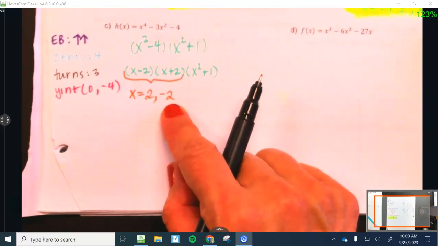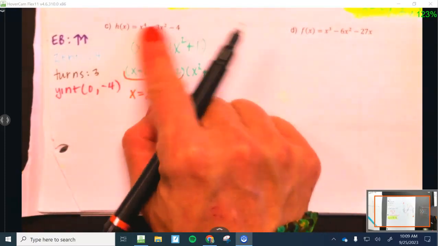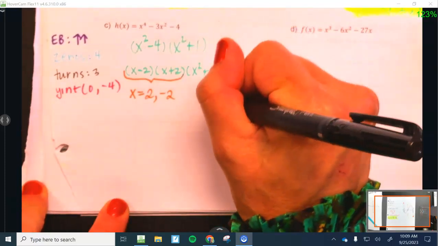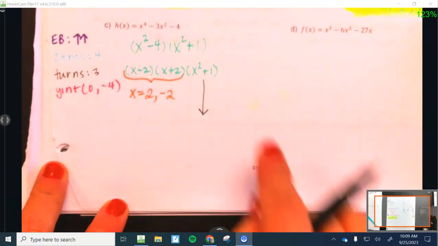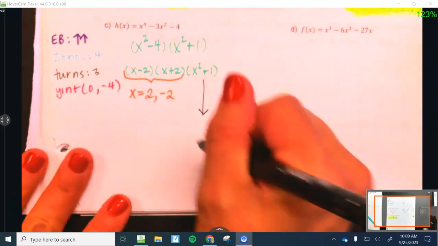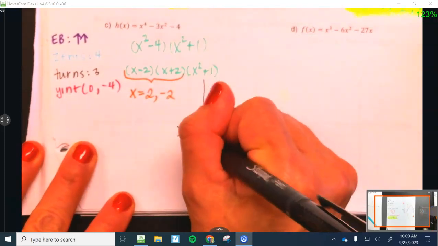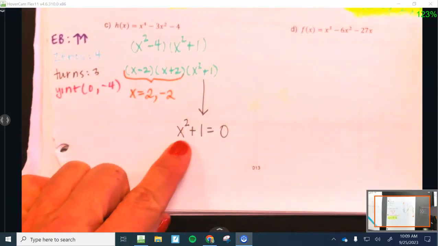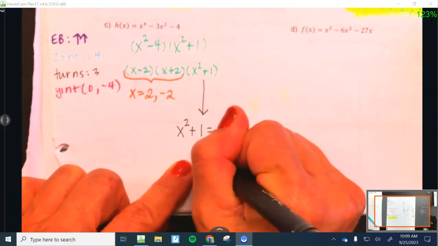That's really going to happen. But there's more answers that will make this equal 0, and that's going to come from this. Y'all just told me it's not factorable. Guys, remember, if it's not factorable, you have to solve it like we did in junior high. Isolate the variable. The variable's not isolated, you got to move the 1 over.